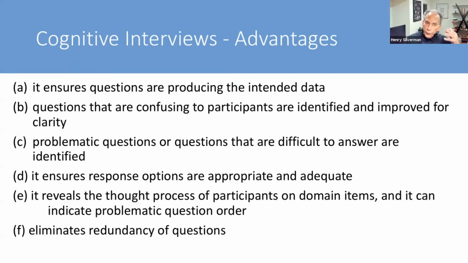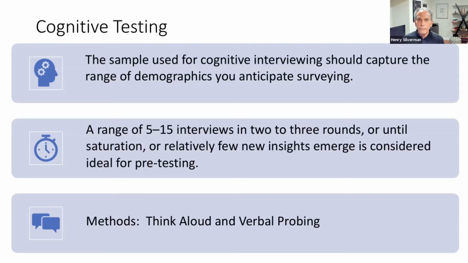It reveals the thought process of participants on domain items, and it can indicate problematic question order. And finally, it eliminates redundancy of questions, because frequently the participants will tell you this question is similar to the one I answered on the previous page.